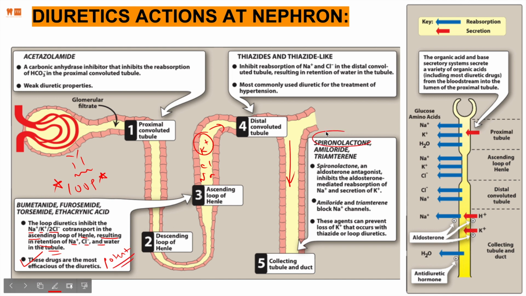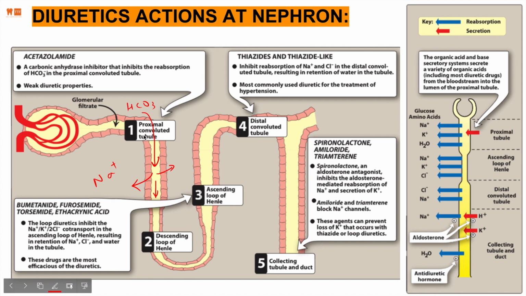Let's talk about spironolactone. Before we do, I really need you guys to understand one thing. So far, what do we have? We have HCO3 leaving the proximal convoluted tubule towards the descending loop of Henle. So far, there is no mention of sodium water retention, right? So far we have sodium in the body being absorbed. Fair enough? But HCO3 is being let go of.